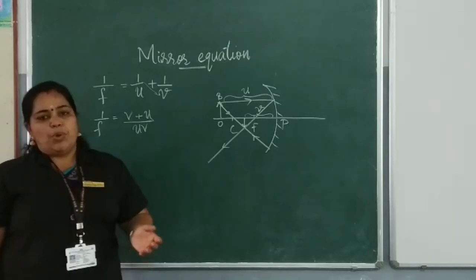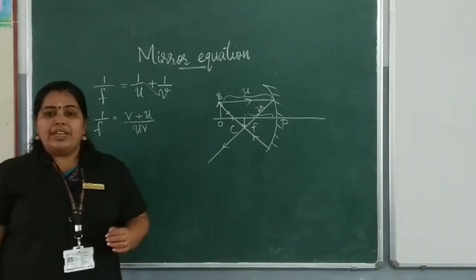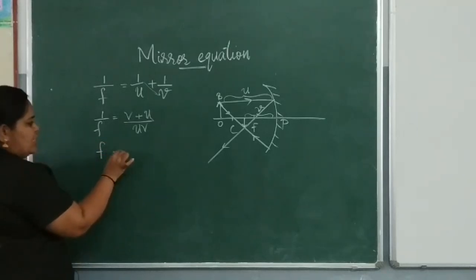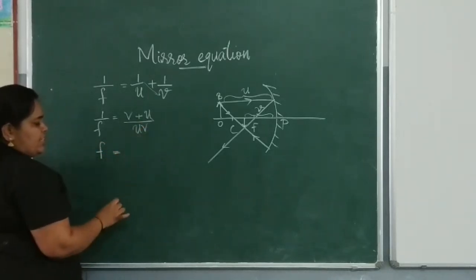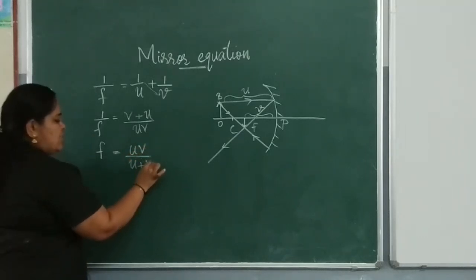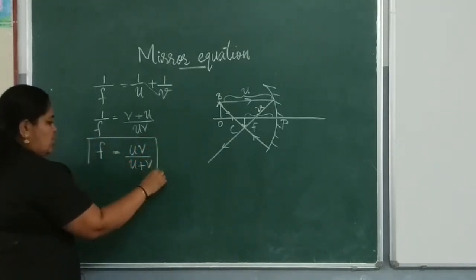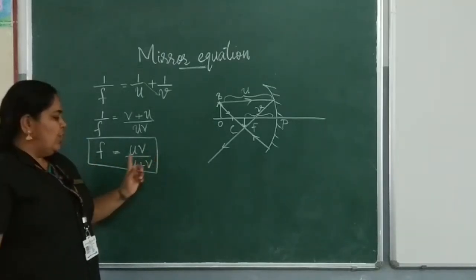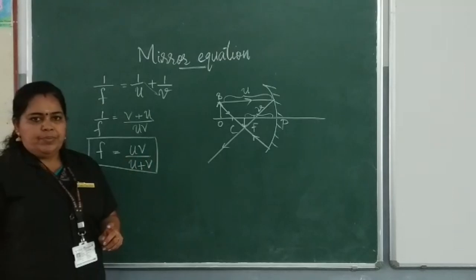So find out the reciprocal. What is the reciprocal of 1 by f? f by 1, isn't it? So f is equal to the reciprocal of the right hand side, uv by u plus v. This is the formula to find out the focal length. f is equal to uv by u plus v.